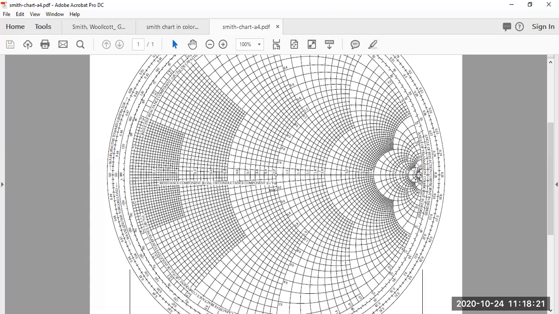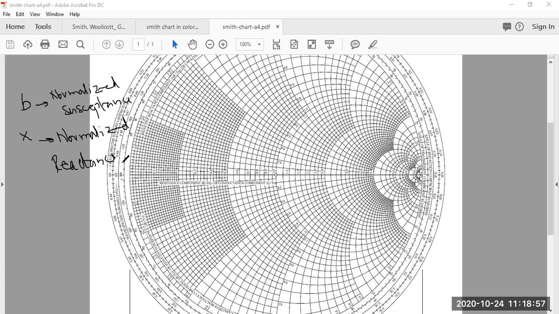This is the chart that you will be using to further find the values of X and B. As I mentioned before, you first need to find the normalized values, small b and small x. Small b means normalized susceptance, and small x will mean normalized reactance.